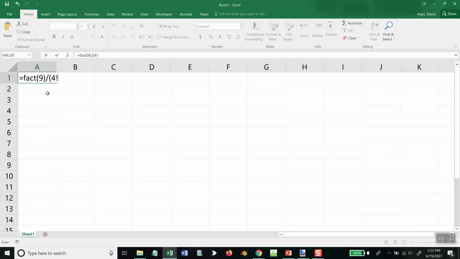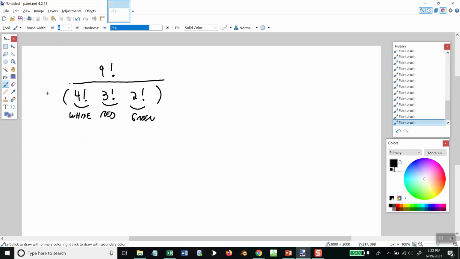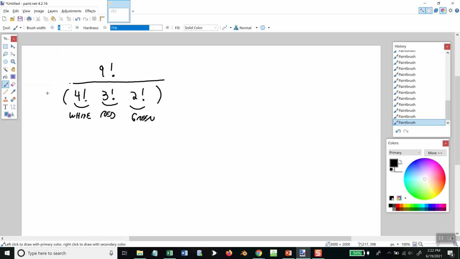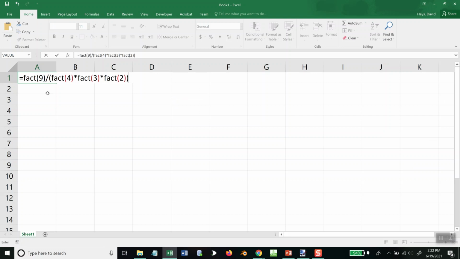Then I got 4 factorial times 3 factorial times 2 factorial. Okay, 4 times 3 times 2 factorial that way. Then press enter, and our answer would be 1,260.